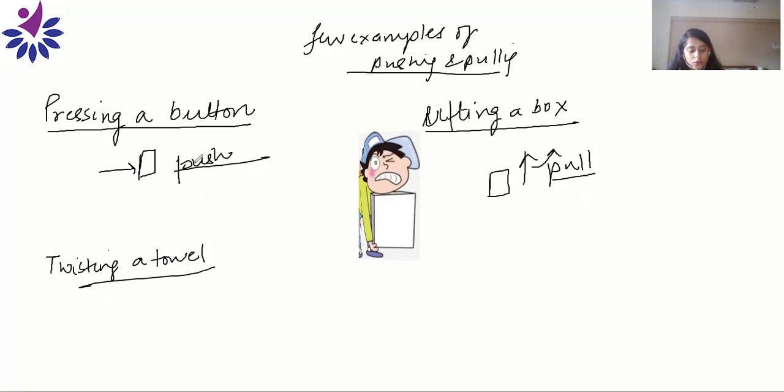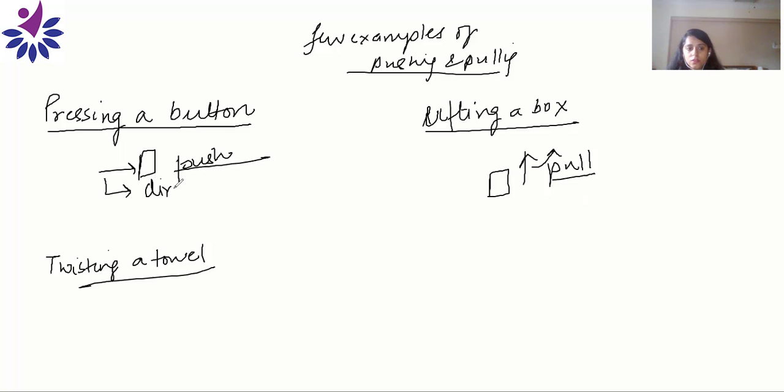We use this arrow to show the direction of the force applied. See, it is away, so we can say it is push. It is towards the person standing here, so it is pull.